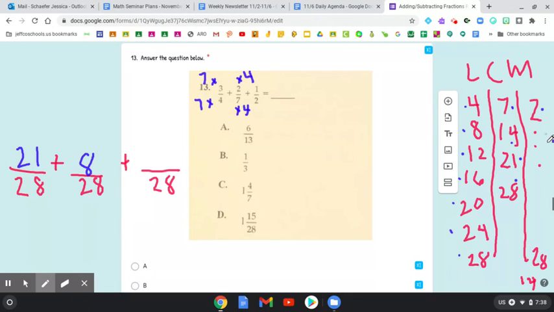And in the 2s, we said it's going to be 14. So we're going to multiply by 14. So 1 times 14 would be 14. So I have 21 plus 8 plus 14. So let's see, that's 29 plus 14.